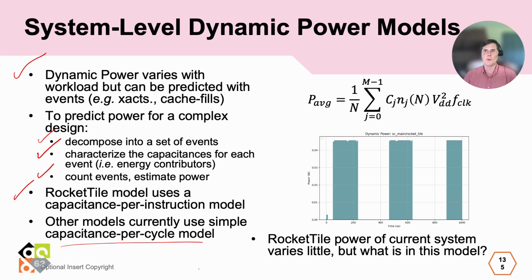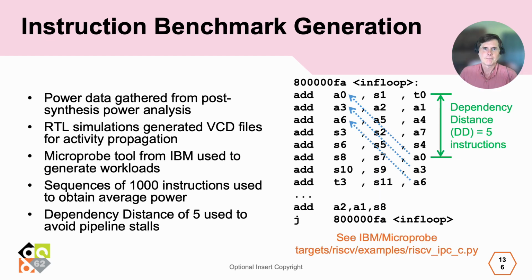So let's talk more about how we generated this power model. To get the most accurate power model, we want to first make sure that we're gathering power information using post-synthesis power analysis of the actual design that we intend to put on our chip.